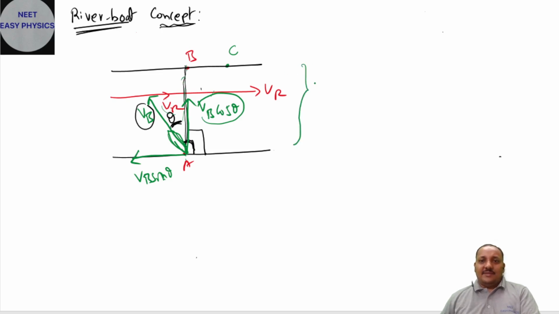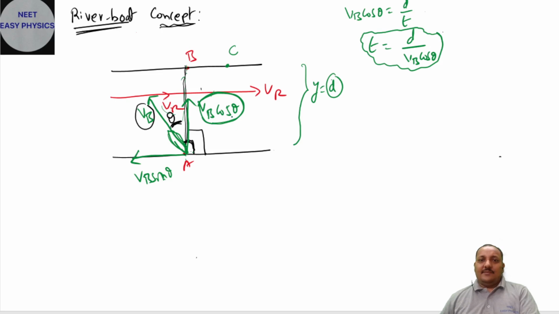We generally take y or small d. So this distance d is covered with VB cos theta. Therefore, how much time to reach the opposite bank of the river? Velocity VB cos theta is equal to distance by time. So time is equal to distance by VB cos theta.